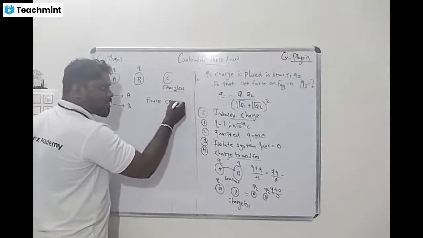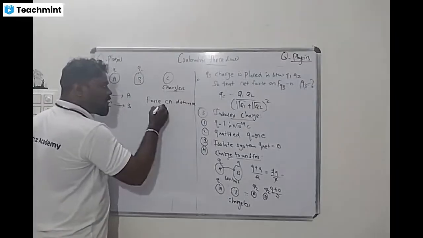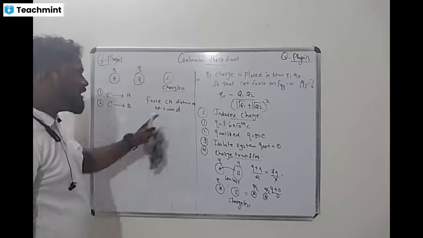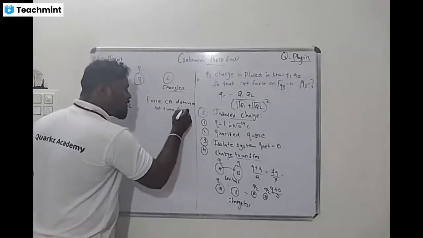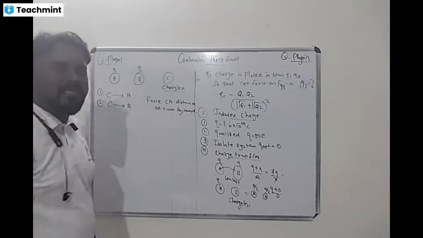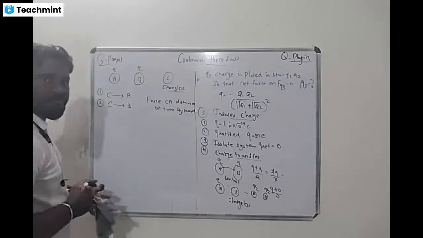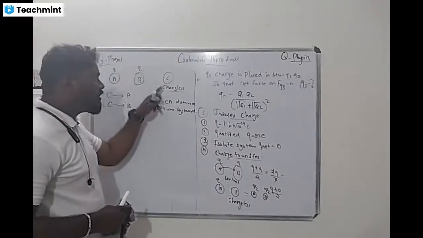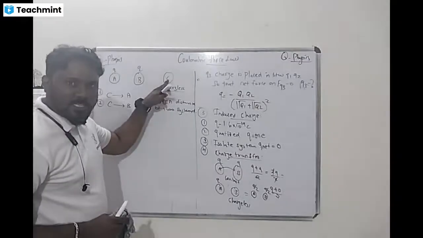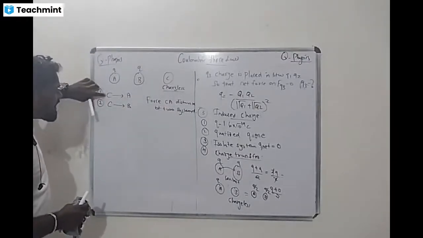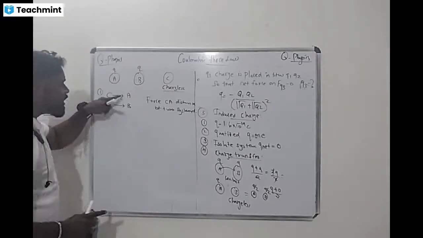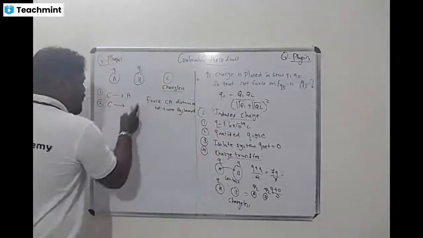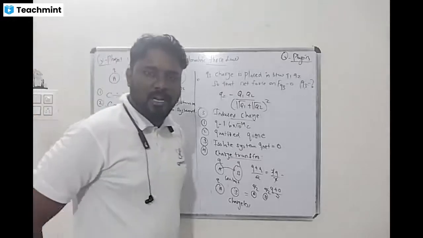The distance between the two systems is d. So we need to calculate the force. The charge of A is q, the charge of B is q, and the charge of C is chargeless. First, C is put in contact with A, next C is put in contact with B. After these two processes, in the third step we have to calculate the force between A and C. Is it clear? That's the question, everyone.